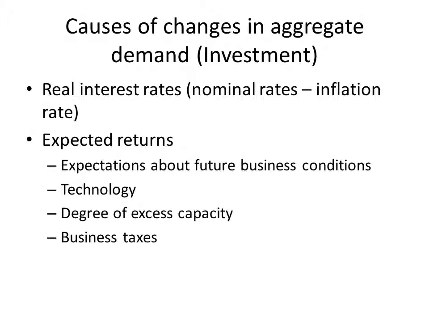Remember we said that it was all about after-tax profits. So if taxes go up, after-tax profits go down, that is going to reduce aggregate demand for investment. So when taxes rise, it's probably going to shift the aggregate demand curve to the left. If business taxes go down, it's going to shift it to the right.